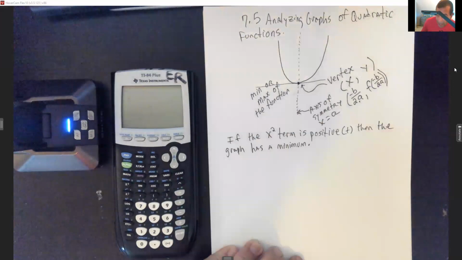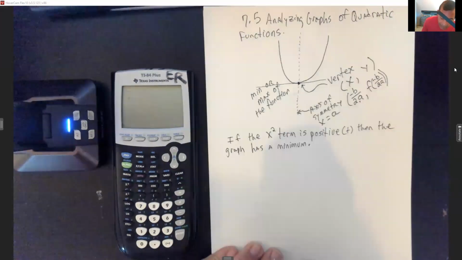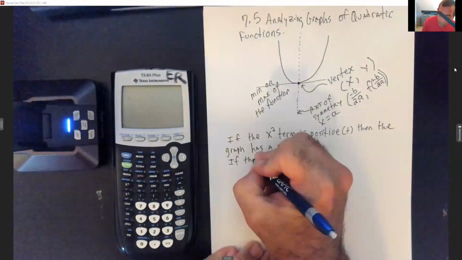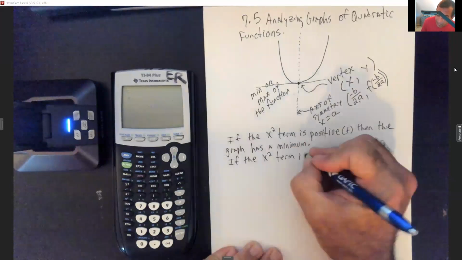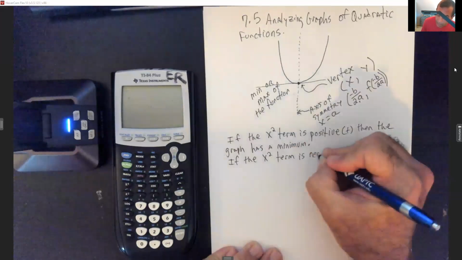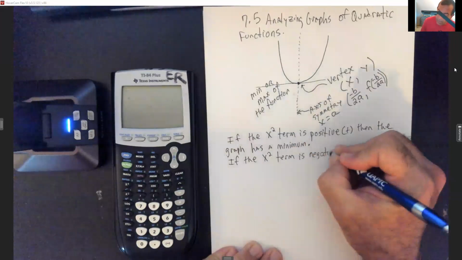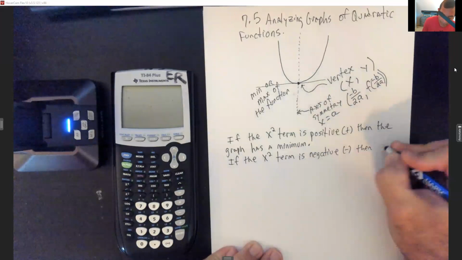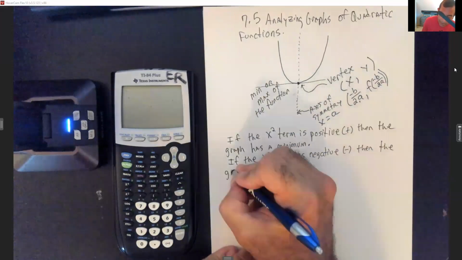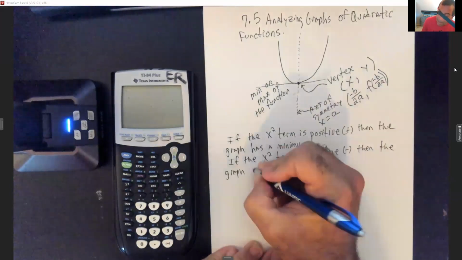Okay? Likewise, if the x squared term is negative, then the graph has a maximum.